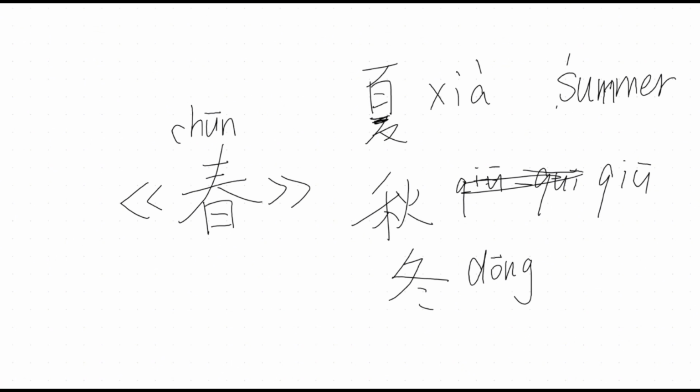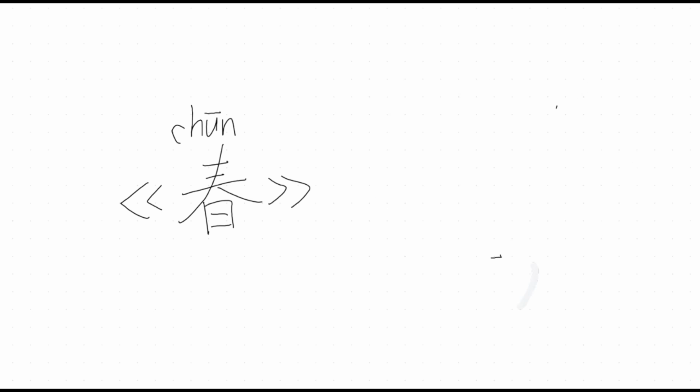Okay, so this text itself, 春, is about the spring season. Spring is finally here. So the writer is called 朱自清.